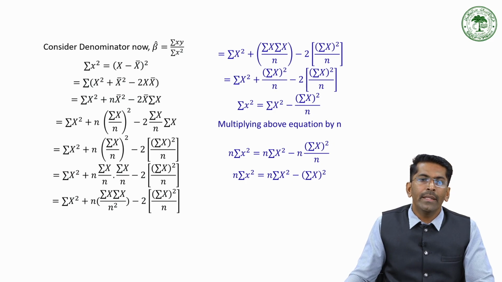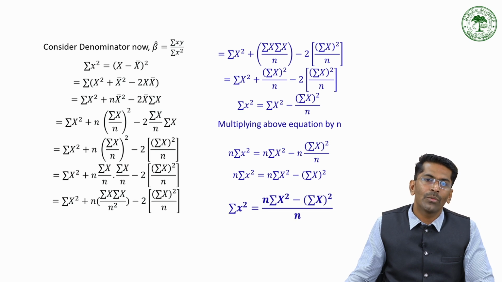Now I am taking this n to the right side, so it goes to the denominator. So sum of x square is equal to n into sum of x square minus sum of x whole square, divided by n. Okay, so this is the denominator value.